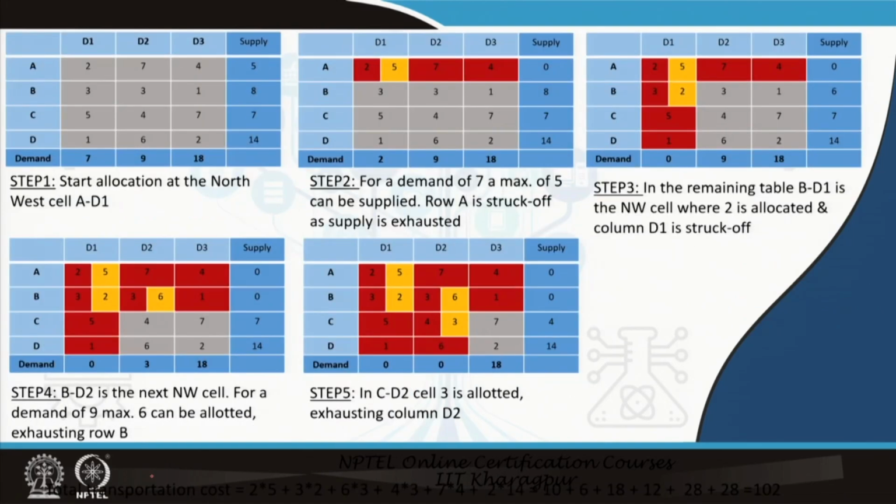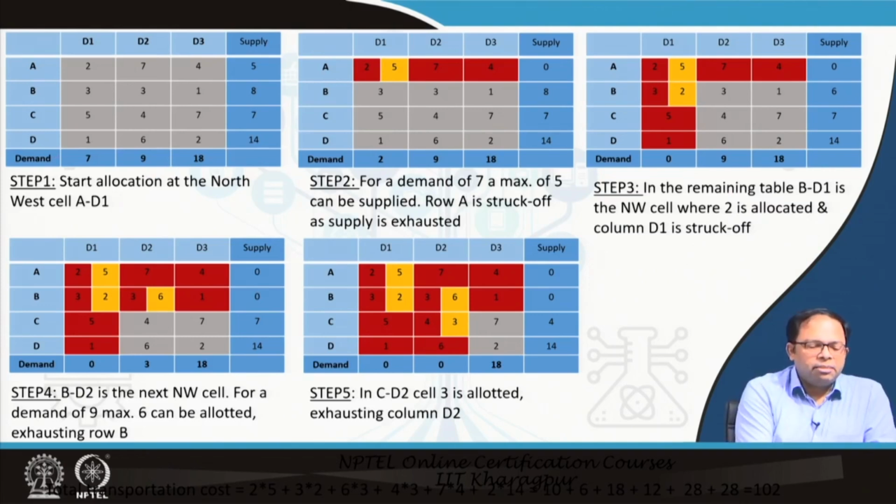Let's see an example. So this is the matrix. This side is supply, this side is demand. At D1 the total demand is 7, D2 total demand is 9, D3 total demand is 18. As for supply, A supplies 5, B supplies 8, C supplies 7, and D supplies 14.